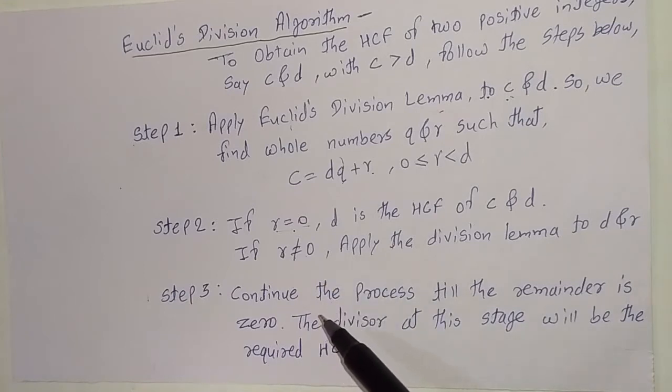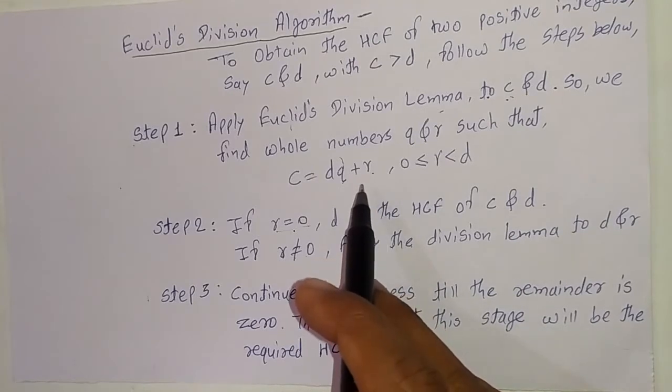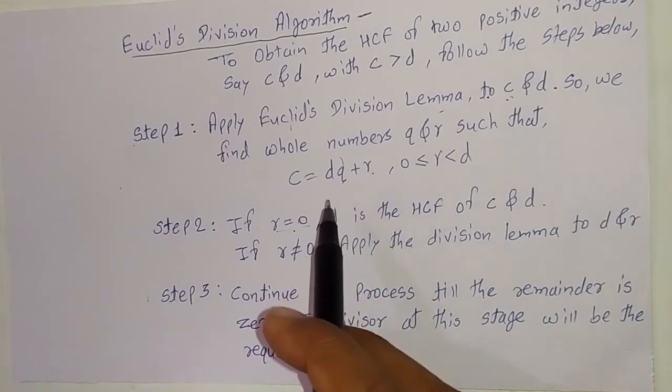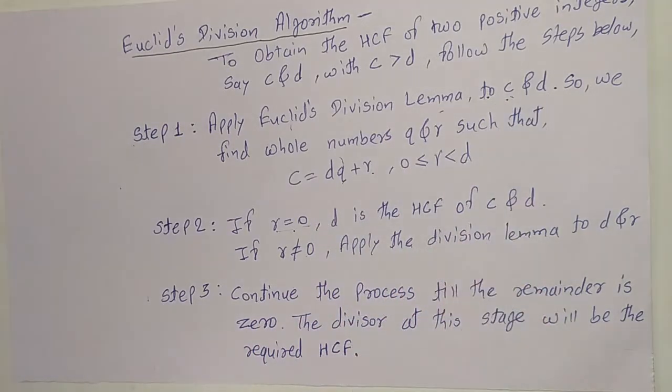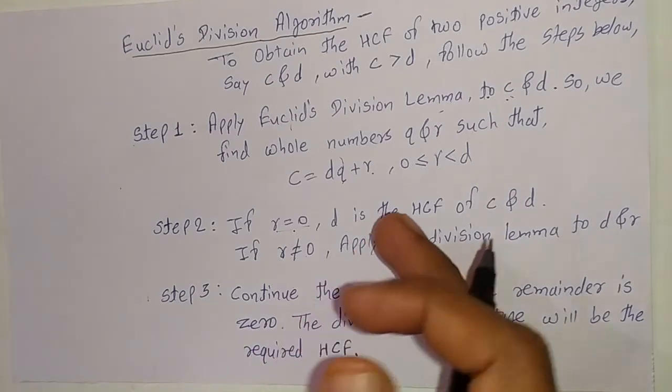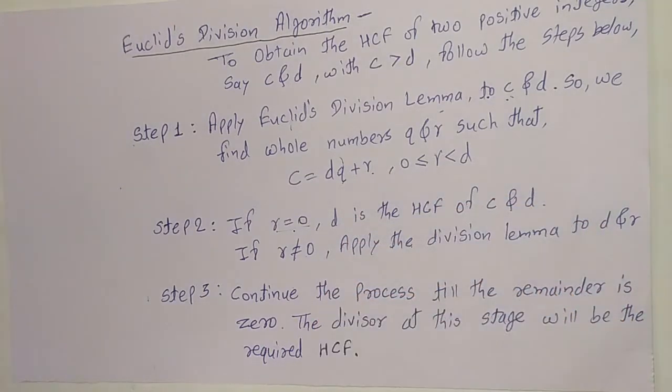Continue the process till you get remainder 0. Once the remainder is 0, the divisor in that step will be your answer, the HCF of the given two numbers. This is the generalized form. We have already seen one example; this is just the generalized form of that process, called Euclid's division algorithm.